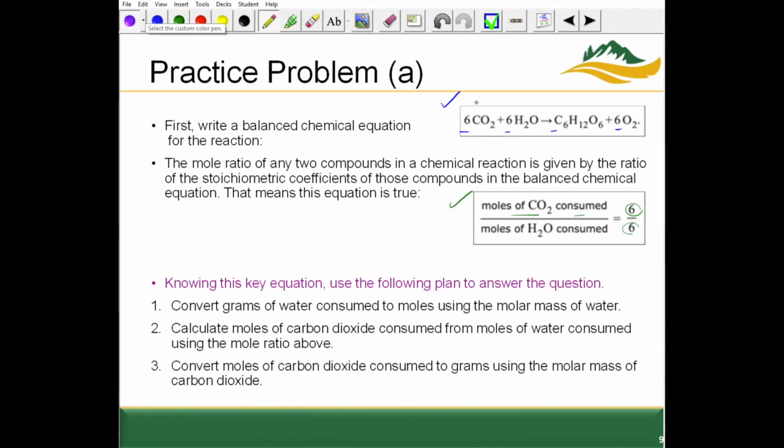Now that we've established the balanced chemical equation and the mole ratios of CO2 and H2O, now we can convert grams into moles of water, then take moles of CO2 and connect that to moles of water using this conversion factor. Then, since we went into moles, then we can take moles of CO2 to get the mass of CO2.